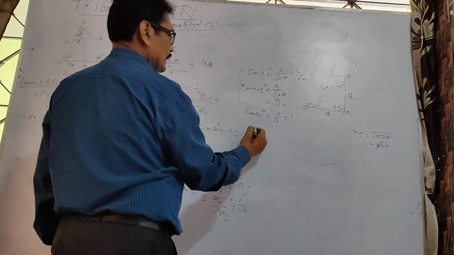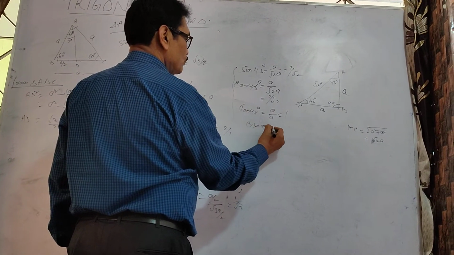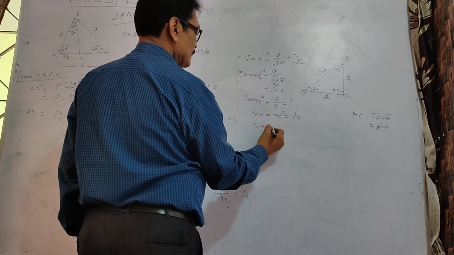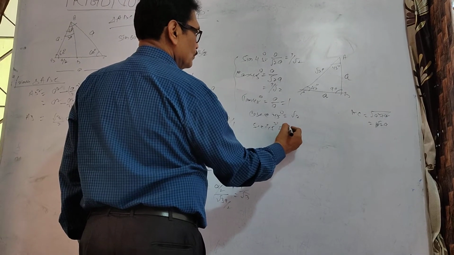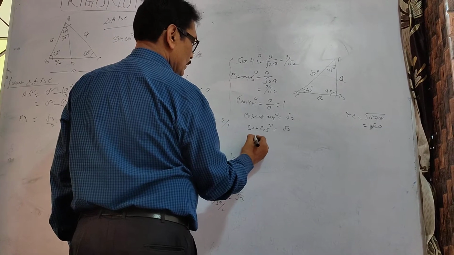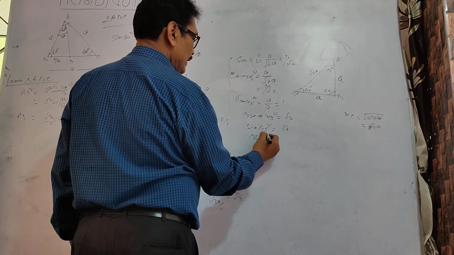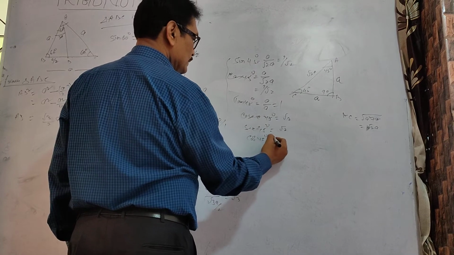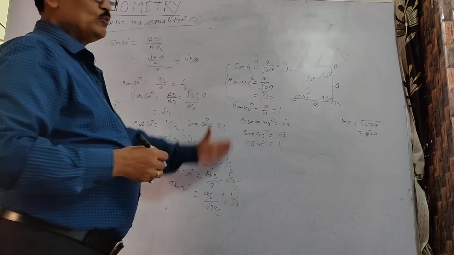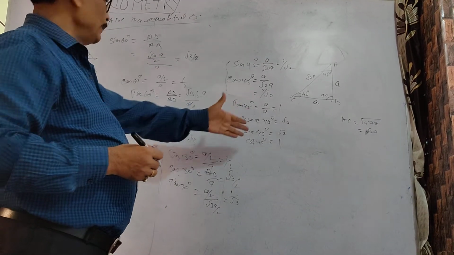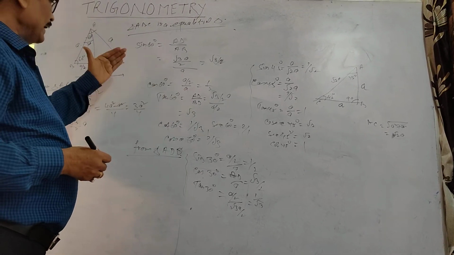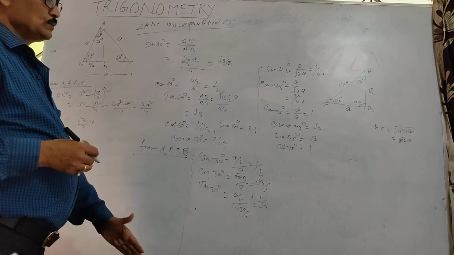Similarly, we can find cosec 45 degree is equal to root 2, sec 45 degree is equal to root 2, and cot 45 degree, the reciprocal of tan 45 degree, is equal to 1. So we can have the values of sin 45 degree, sin 60 degree, sin 30 degree and others.